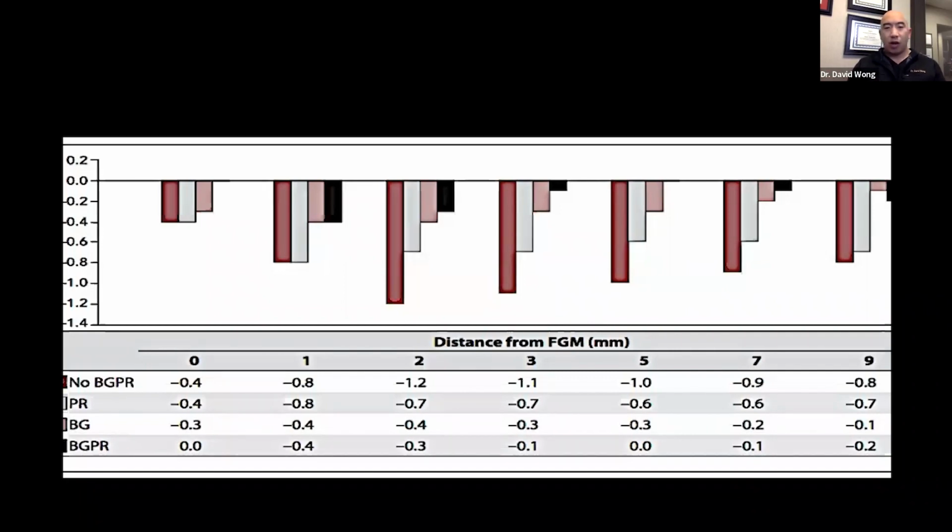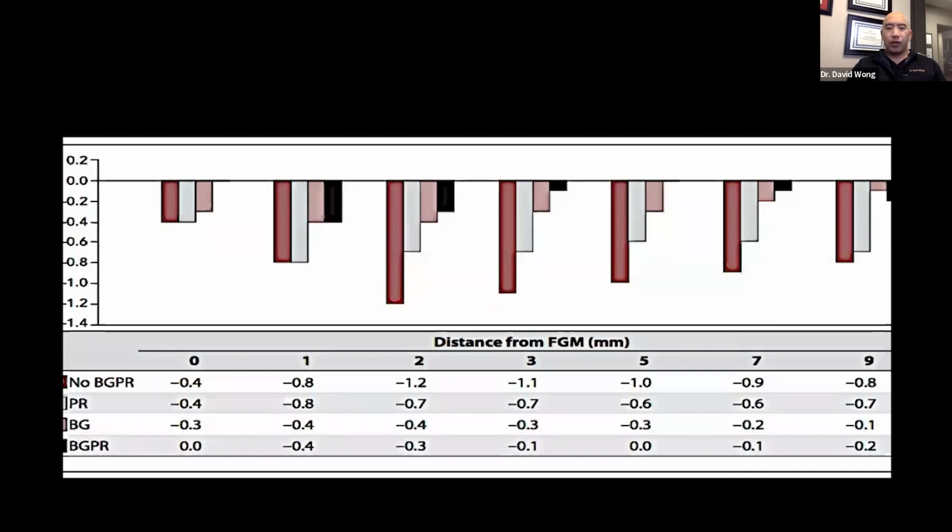So the key is your last 2 categories. If you put a bone graft and a healing abutment on, or a bone graft with a provisional restoration, you only lose 0.1 or 0.2 millimeters of bone. So the key here is the bone graft.